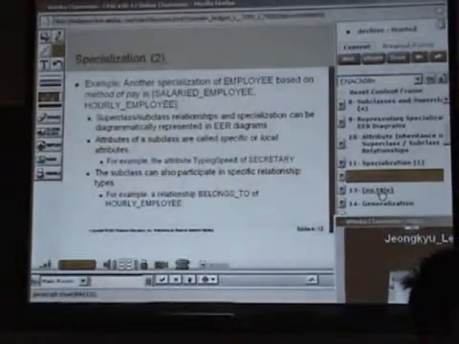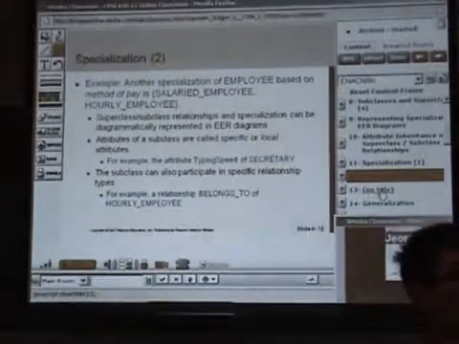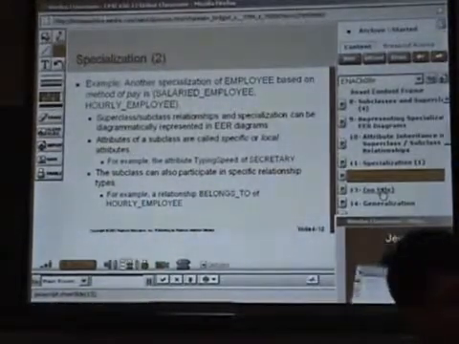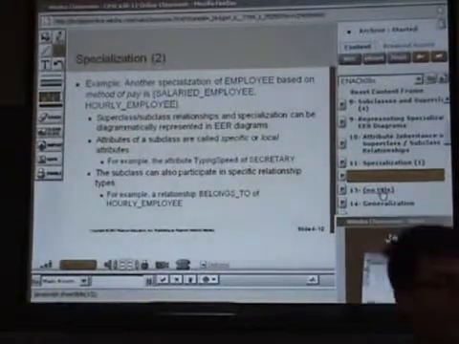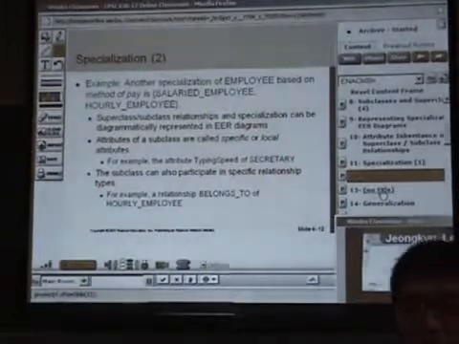Exactly, disjoint means it's separated. So it allows only one type of job, the subclasses. Disjoint means it's separate. There is no common thing.